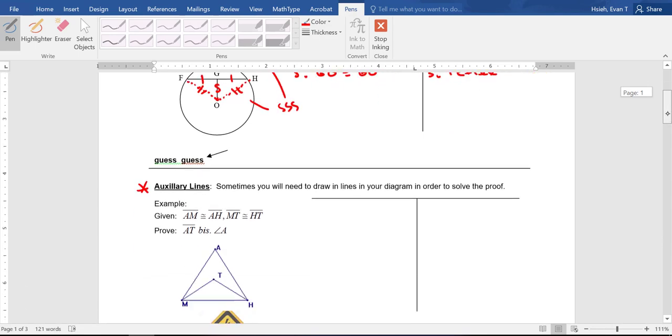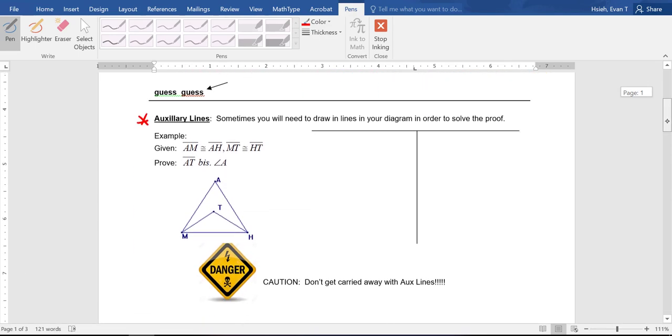The one thing I do want to caution you of is, in proofs like this, the reason it's clear that a line's missing is that we've been doing congruent triangle proofs for chapter 3 and now in chapter 5. And here it's pretty obvious that there's no congruent triangles.